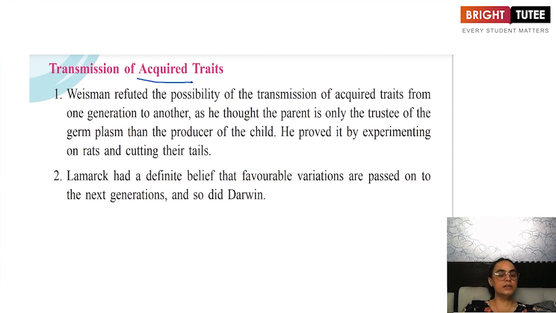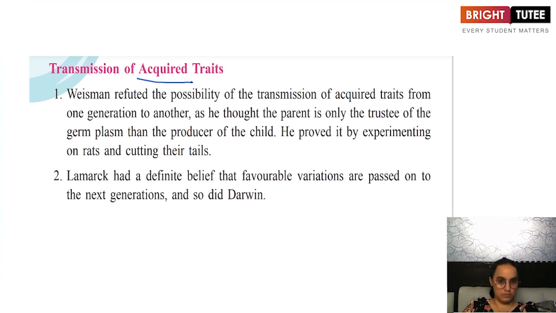It is entirely dependent on the parent. And he reached this conclusion with the help of an experiment on rats. Okay? So he cut the tails of the rats, and then he noticed that the offspring of the rats were also born without tails. So this was the first theory for the transmission of traits. So according to Weismann, only the traits of the parents are transmitted onto the children.